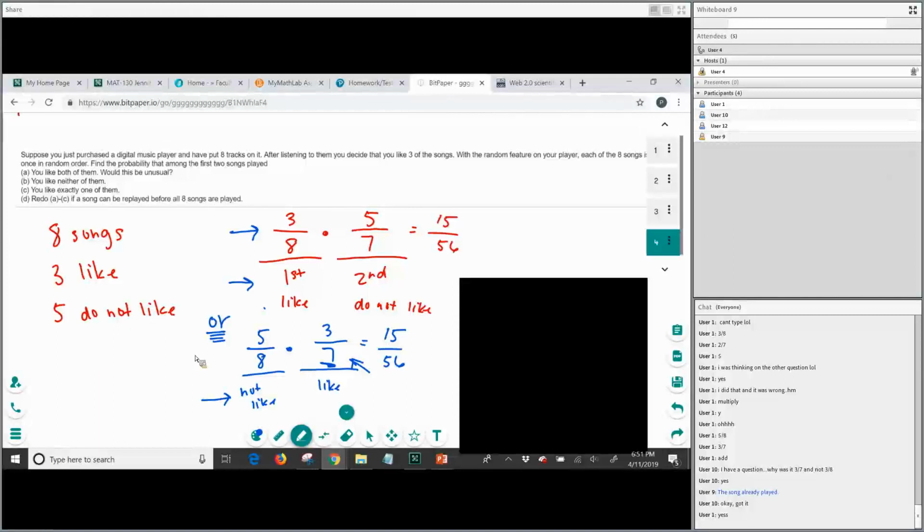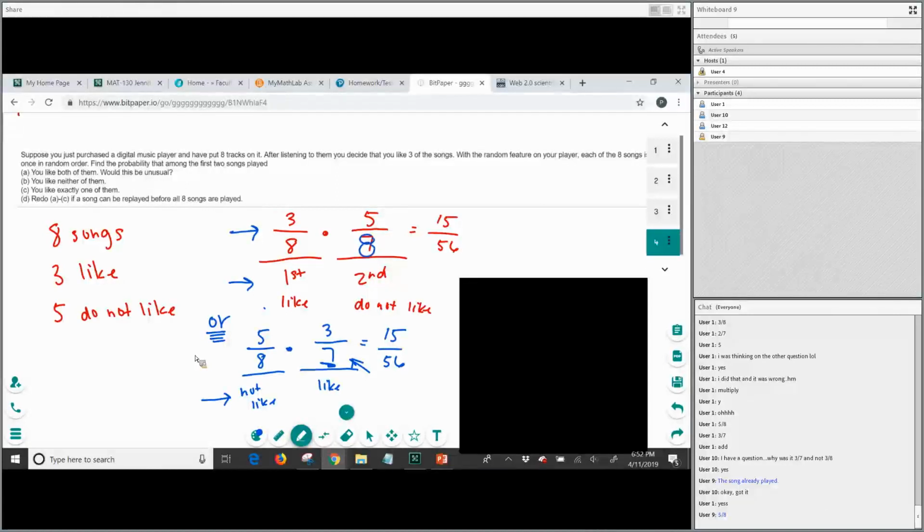On the first song, there were still 3 that I liked out of 8 total, right? So that would still be my probability of liking the first song. But now, when we get to the second probability for the second song, let's assume that that first song that just played can now repeat. So there's no reason why we have to exclude that song that just played from our total anymore.